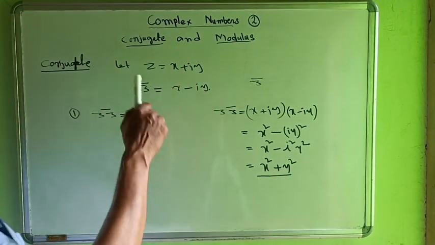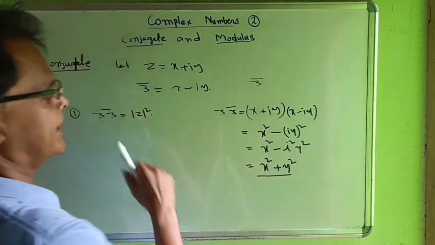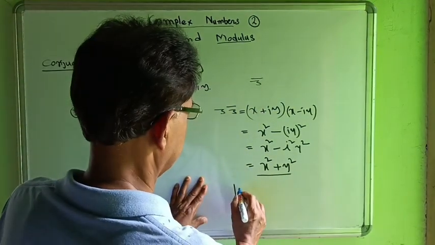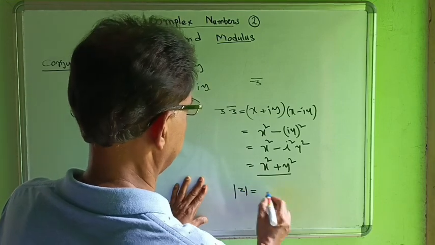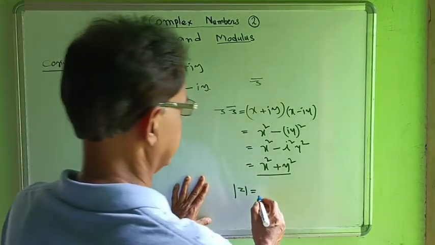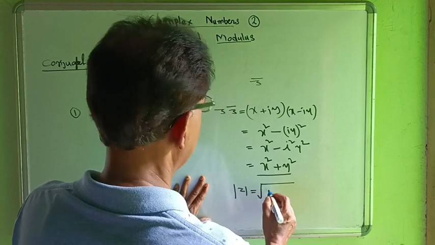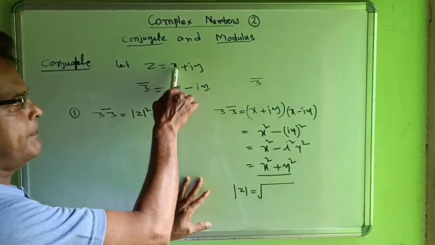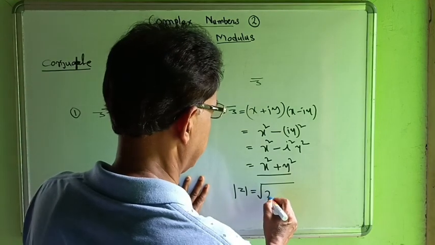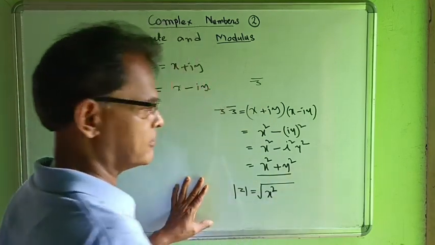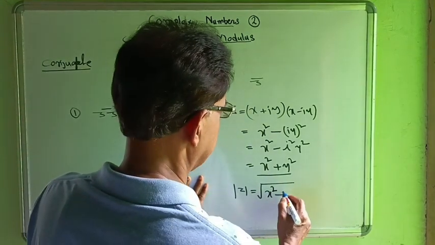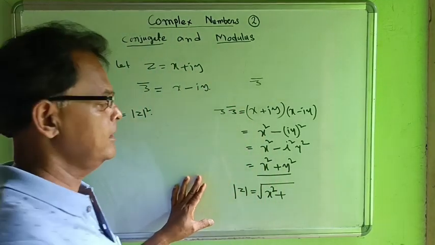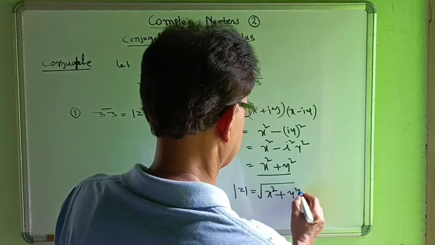Also, what is modulus z? Mod z is equal to under root real part square plus imaginary part square. What is the real part of z? Real part of z is equal to x, therefore x square, plus imaginary part of z is equal to y, so y square.